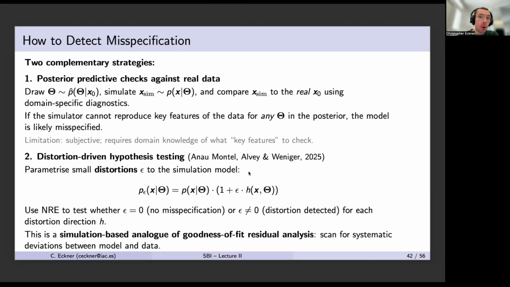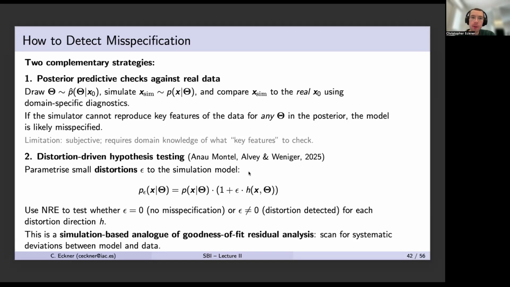Well, how would you at all detect this kind of misspecification? You have some potential ways to do that. I mean, you clearly have these posterior predictive checks against real data.